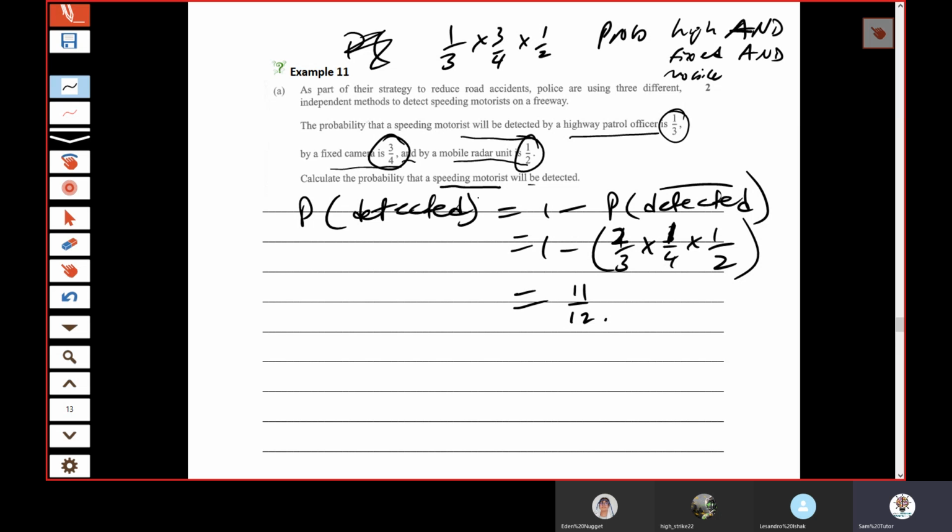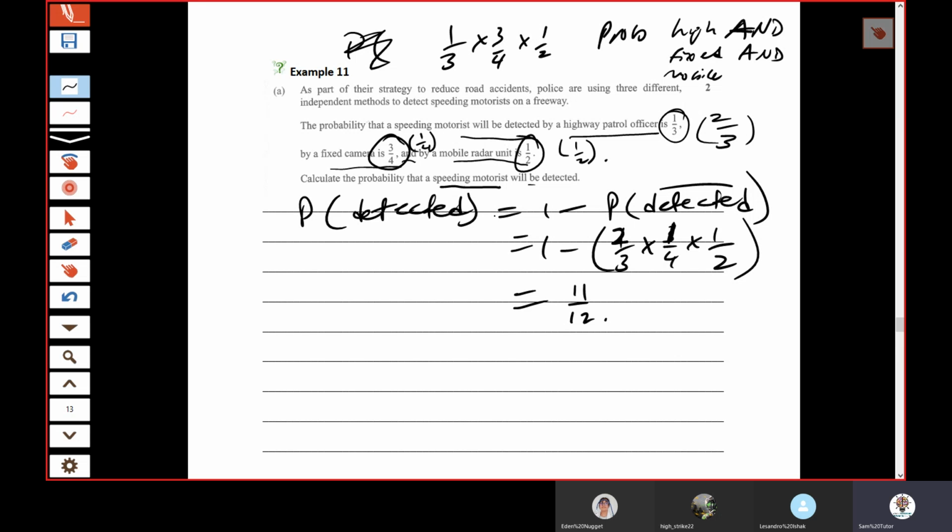What's the probability of you being detected? Well, think of it like this. Not getting detected by a police officer is 2/3, right? And not by a fixed camera is a quarter. And not by a mobile radar unit is a half.